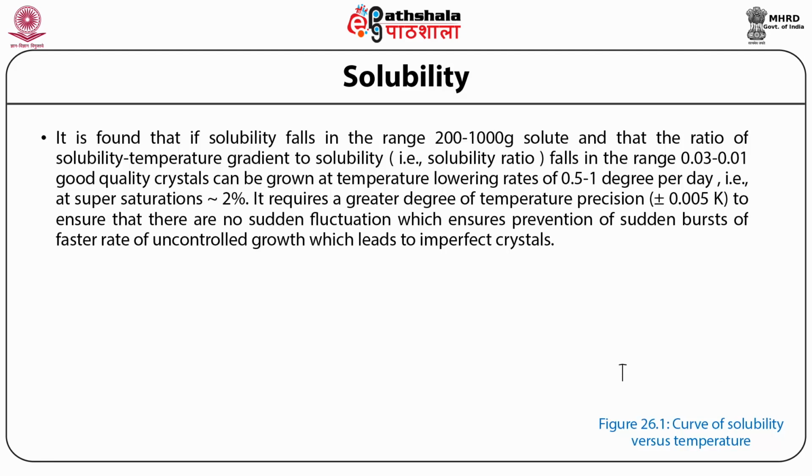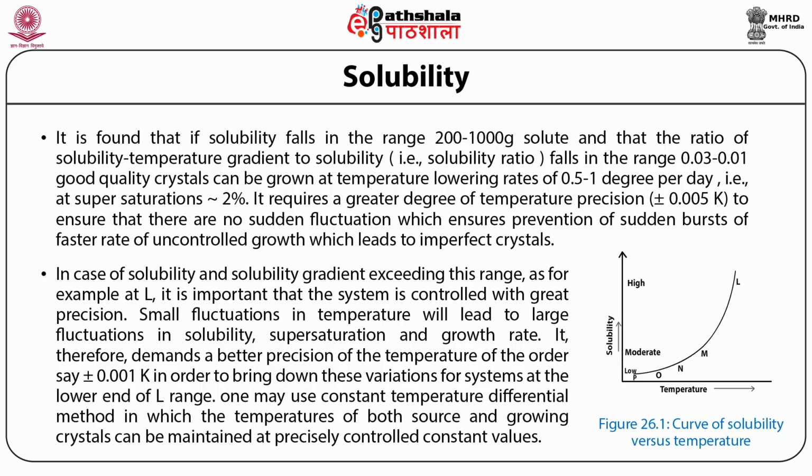It requires a greater degree of temperature precision, plus minus 0.005 K, to ensure that there are no sudden fluctuations, which ensures prevention of sudden bursts of faster rate of uncontrolled growth, which leads to imperfect crystals.